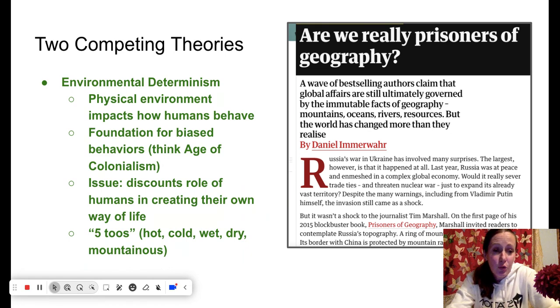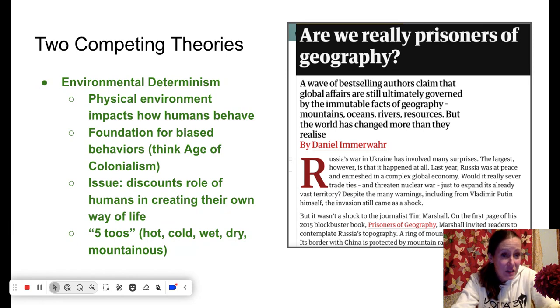Finally, we want to discuss two competing theories in the world of human environmental interaction. The first one, these ideas date back to ancient times, right? This is a very old theory, and this is environmental determinism. So think that the environment determines how humans will behave. So maybe living near the ocean or living in a hot climate would cause you to be more relaxed because of the heat, right?